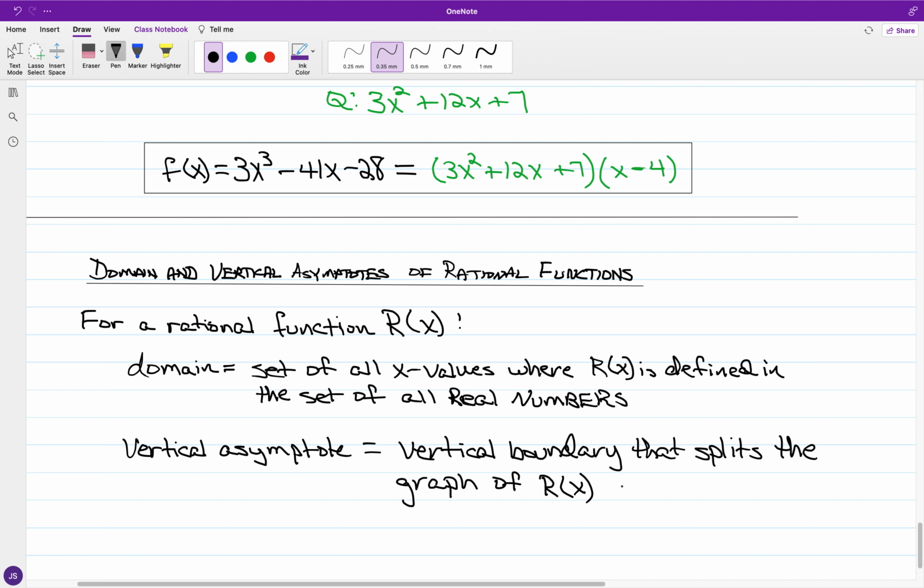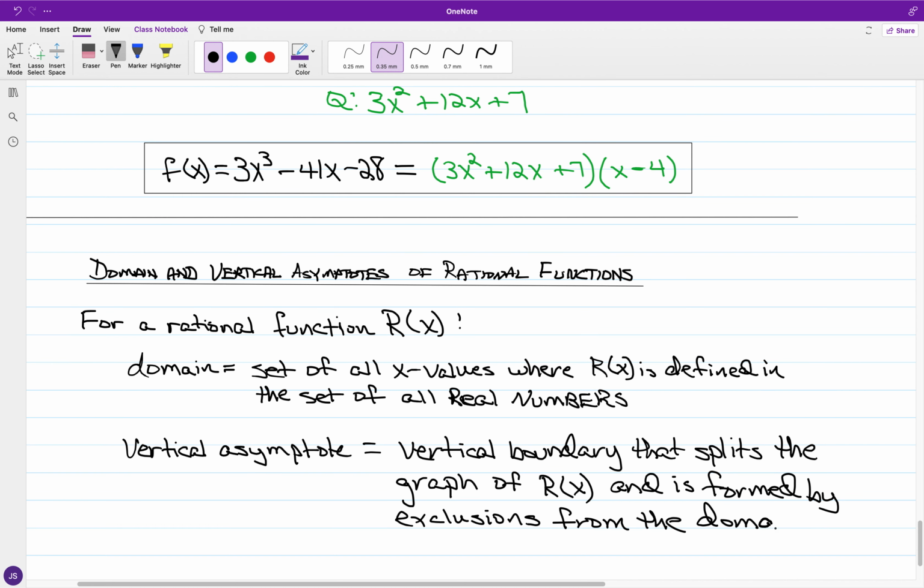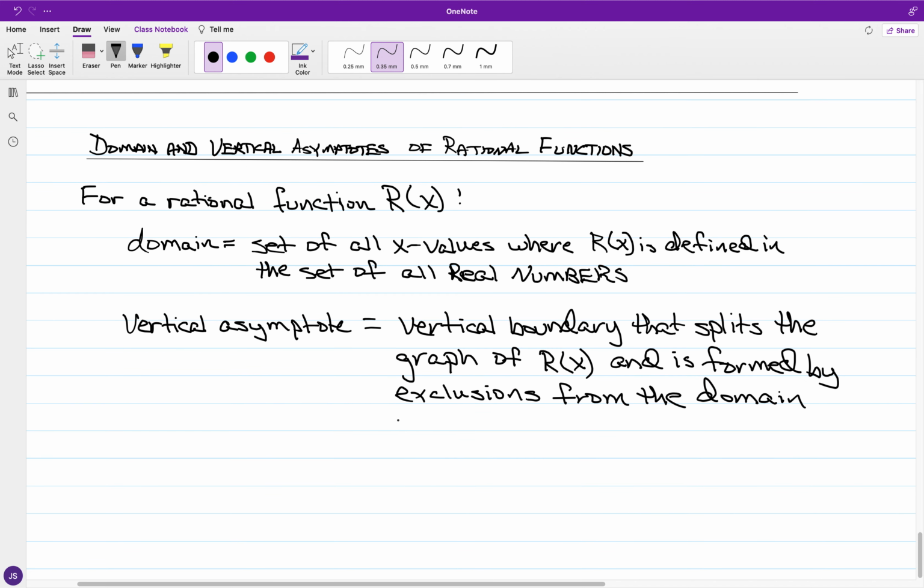In terms of its origins, it's going to be formed by exclusions from the domain whose factors remain, and I'll put emphasis on this, after R of x is reduced to lowest terms.